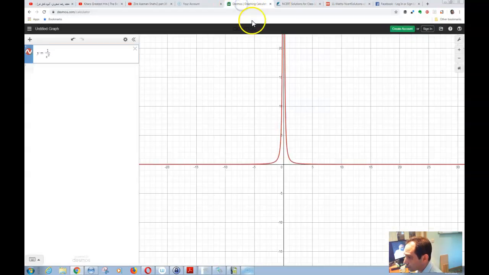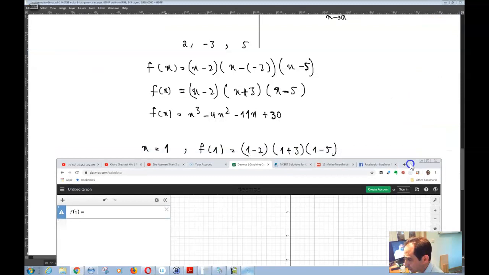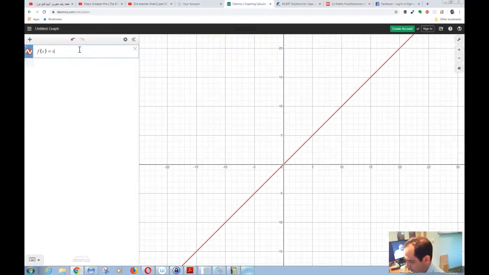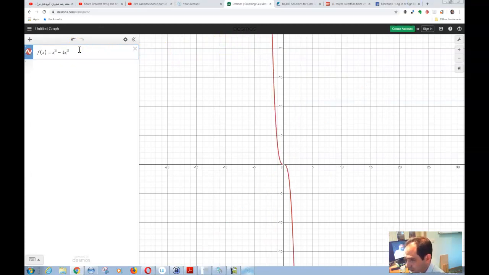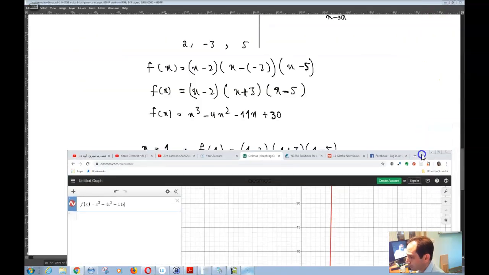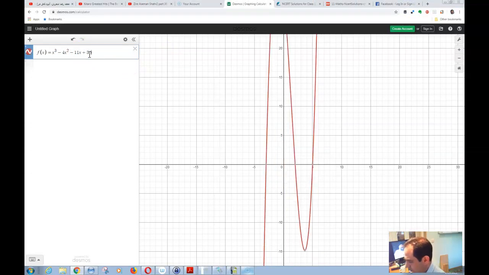If you draw the graph of this function, if f of x is equal to, what was that? f of x is x cubed minus 4x squared minus 11x plus 30.